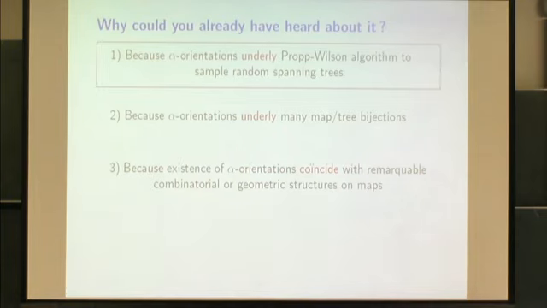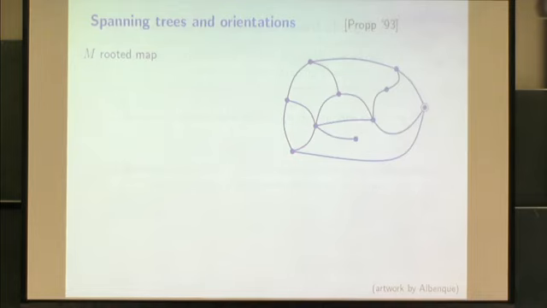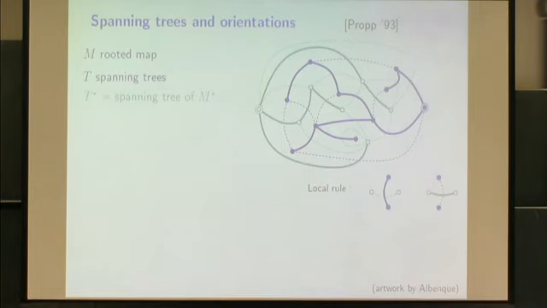So, briefly I review this just to introduce on an example some basic properties of alpha orientations. Let us start with a rooted map and a spanning tree of this map. It's a classical result that on the dual map, the map which has a vertex in every face and a dual edge across every edge of the primal map, you get a spanning tree of the dual by considering the edges that are dual to the ones that are not in the primal tree.